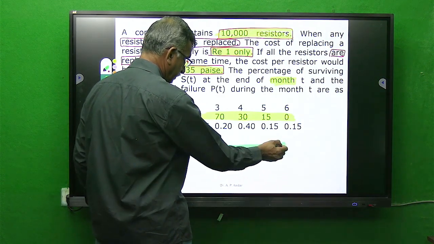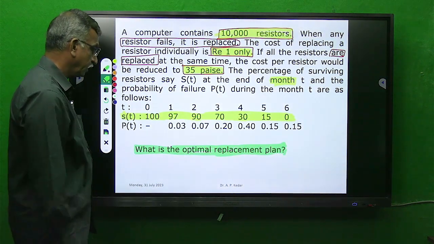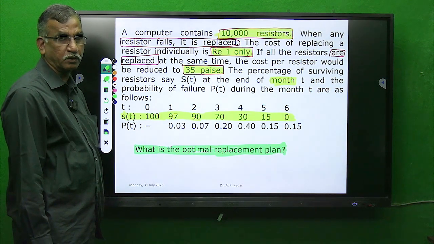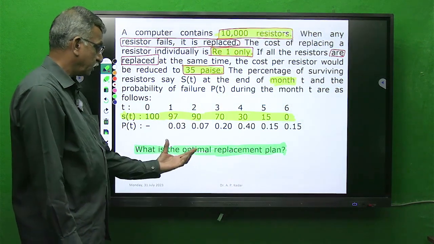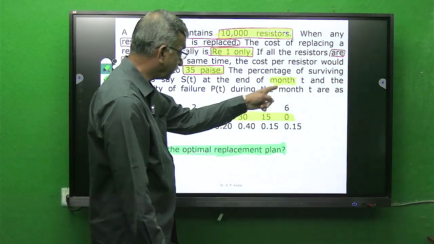So students, when this is asked, our analysis will comprise calculating the cost of individual replacement per month.